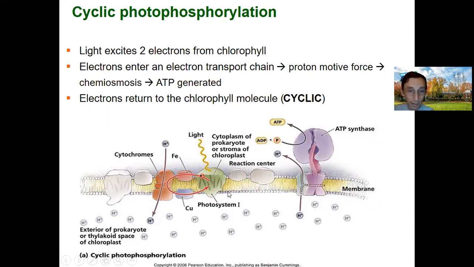This membrane is the inner chloroplast membrane of a chloroplast. In a prokaryotic cell, this membrane is the cell membrane. So this would be inside the cell, that would be outside the cell. All right, any question about any of this?